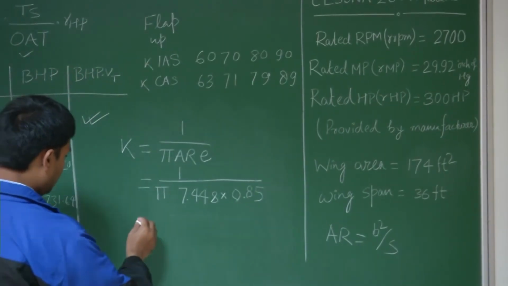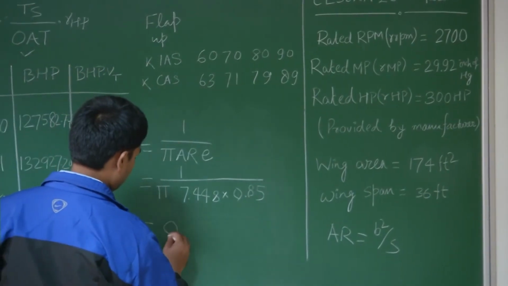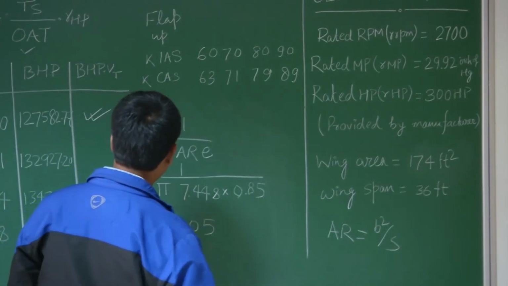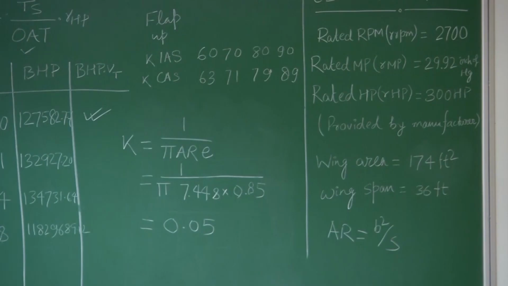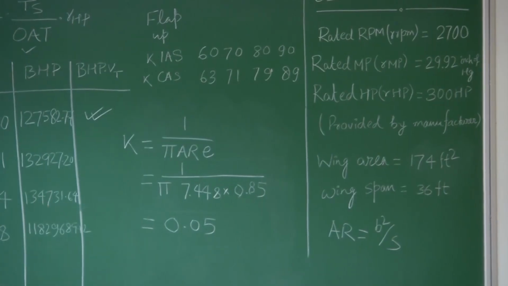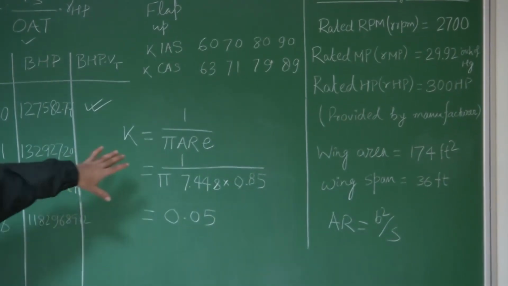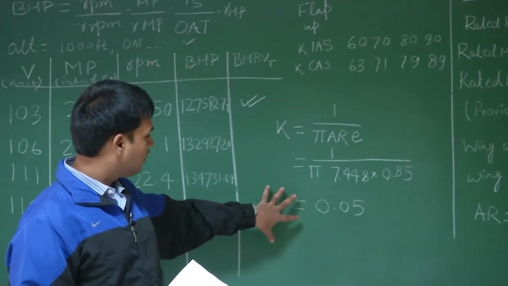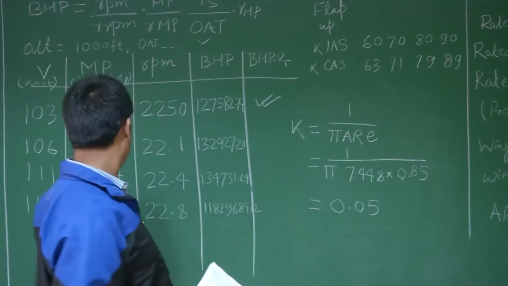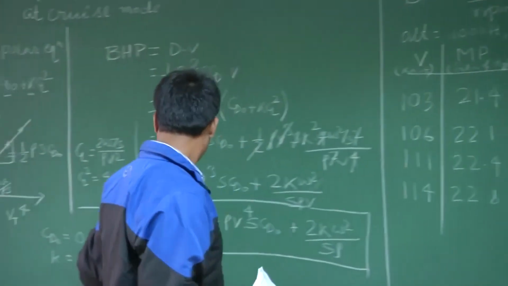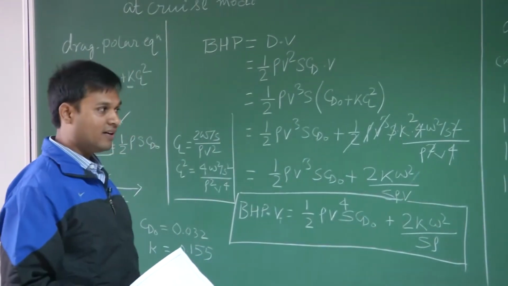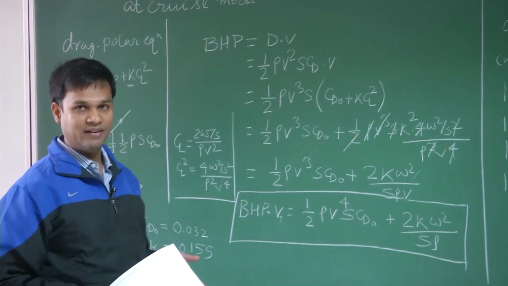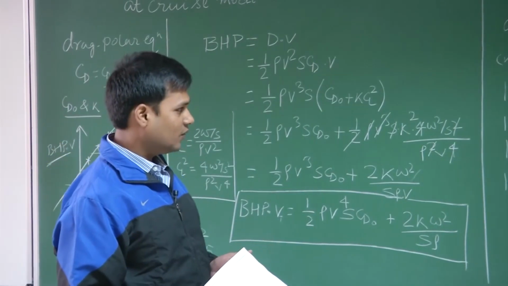this number will be 0.05 here, you see. From the calculation, from the geometrical details of the aircraft, for E being 0.85, you got K as 0.05, but the number here is 0.155. So it means this is not in agreement.